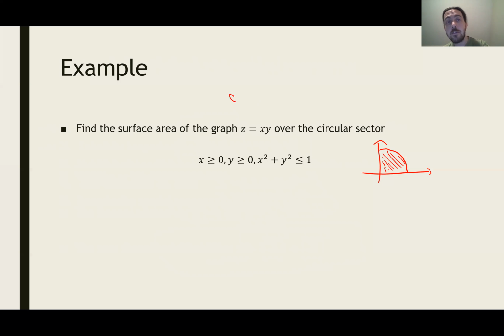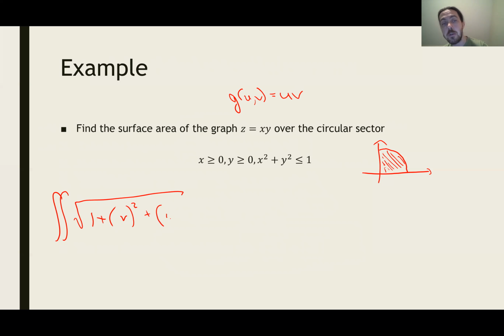So our function now, g of u,v, we're looking at the graph of the function u times v, like so. And so to calculate this, we're just calculating the double integral of 1 plus the derivative of g with respect to u squared plus the derivative of g with respect to v squared, du dv, over this region.